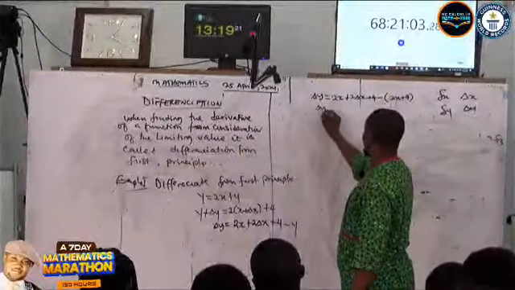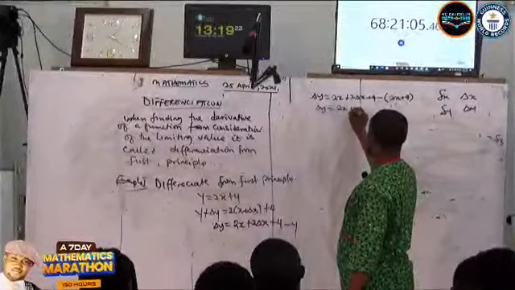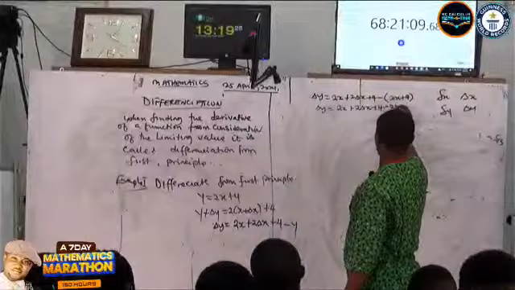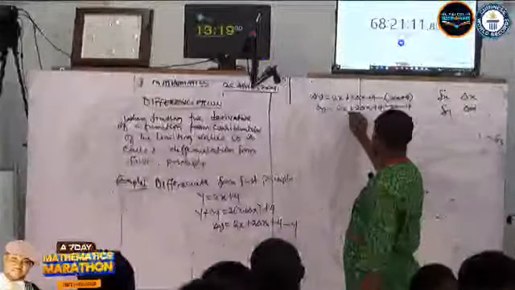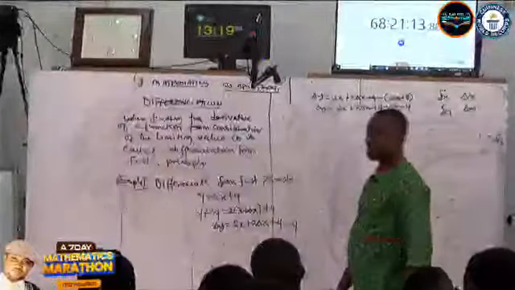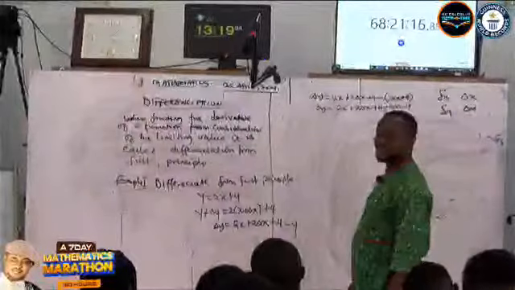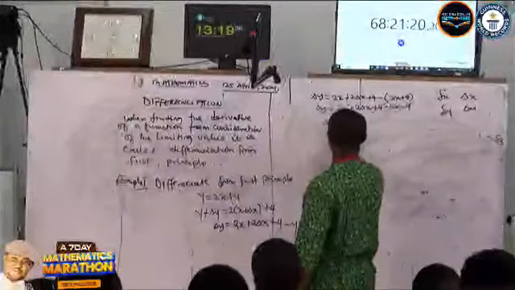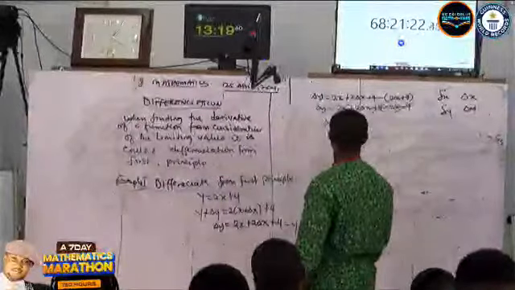So my change in y will now be 2x plus 2 change in x plus 4 minus 2x minus 4. Okay? So this and this is gone, right? What do you have? Change in y equals 2 change in x.